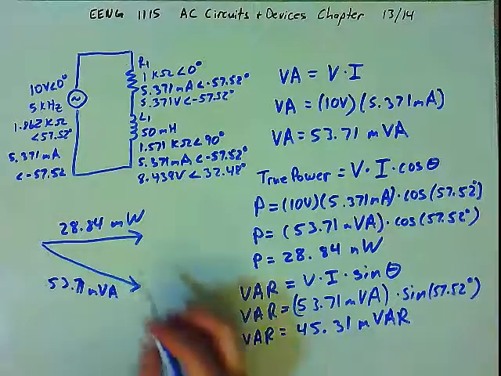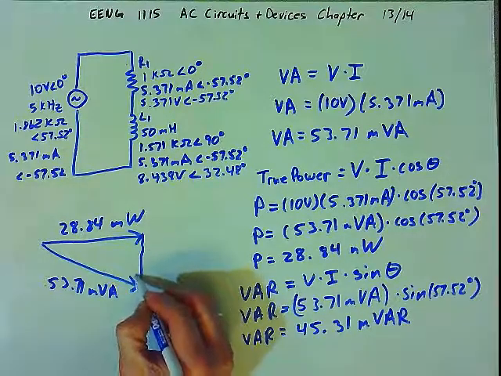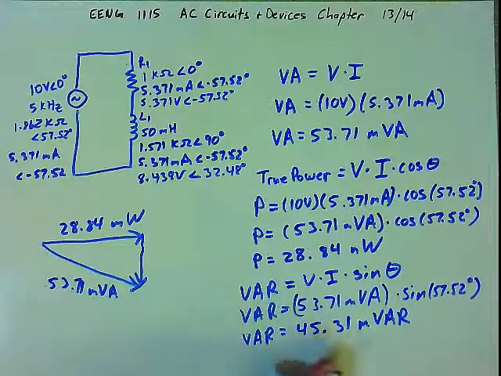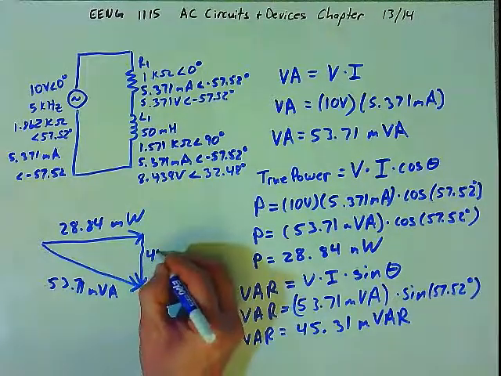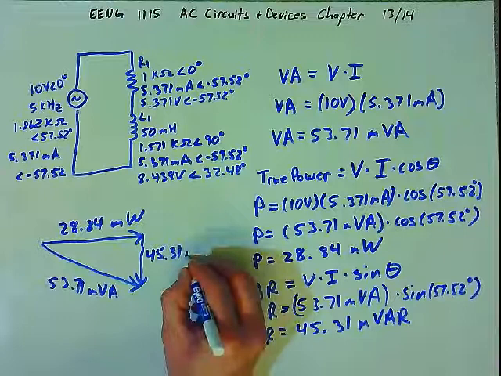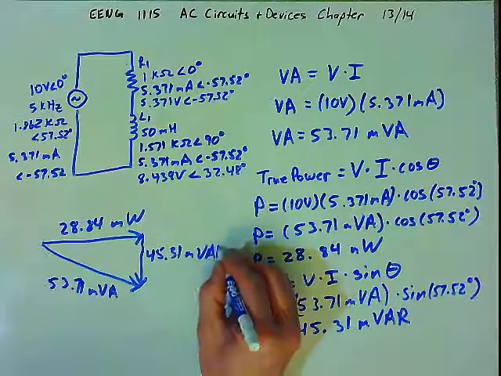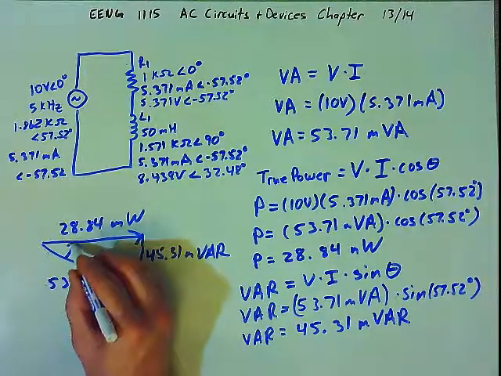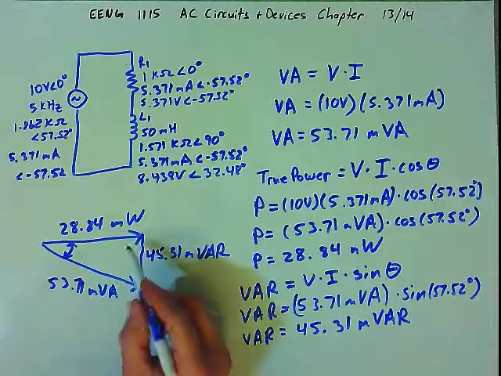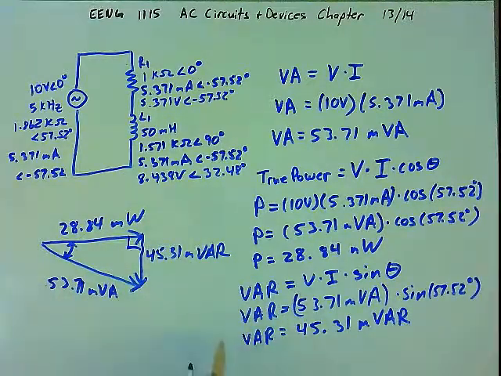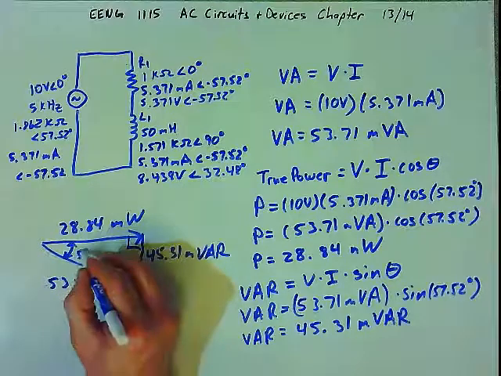And the VAR is the other leg of the triangle, 45.31 millivar. And the angle in this right triangle that we've just formed is going to be that 57.52 degrees.